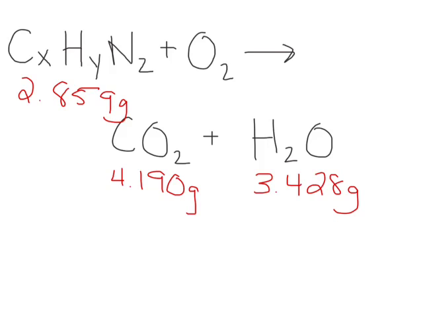So this is our given information. Now what we need to do is isolate the carbon from CO2 and the hydrogen from H2O to then put them into there. And then the nitrogen we'll just find by other means.